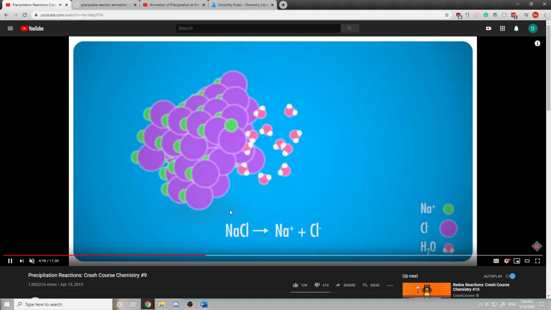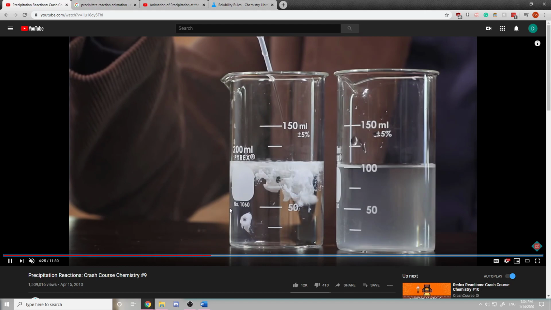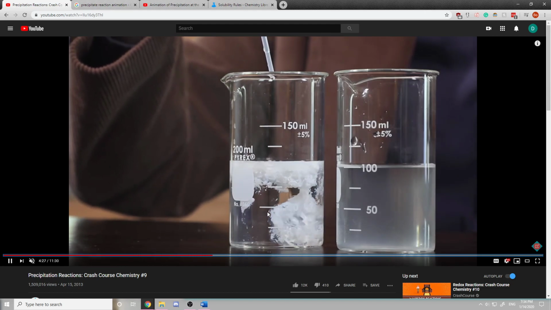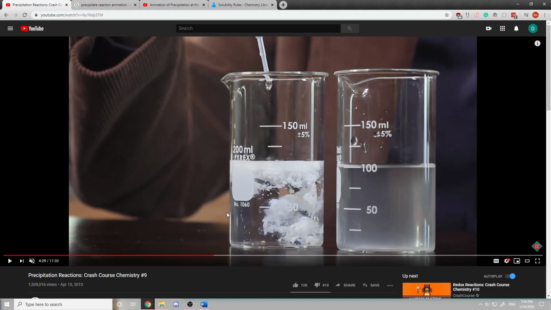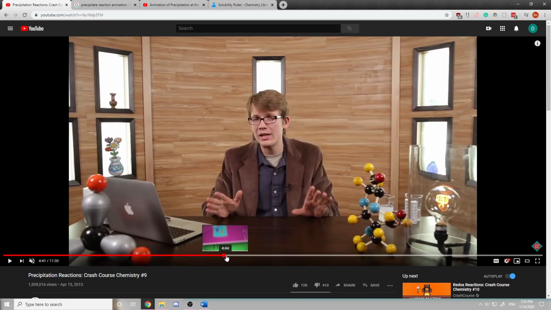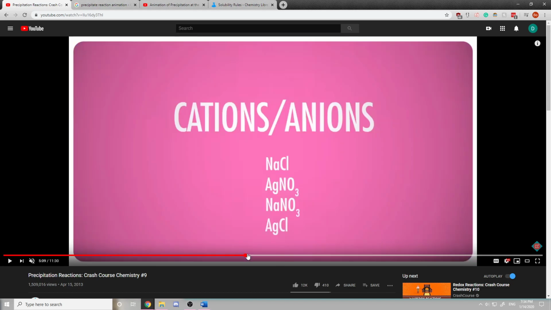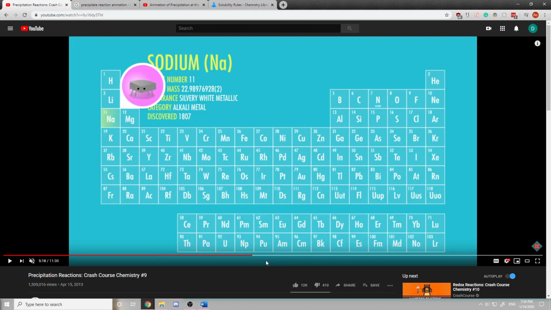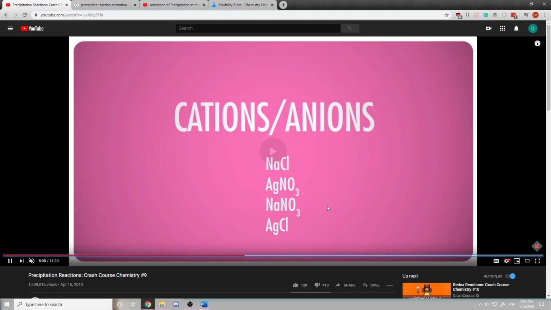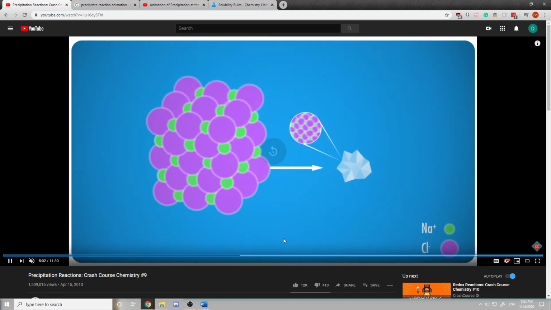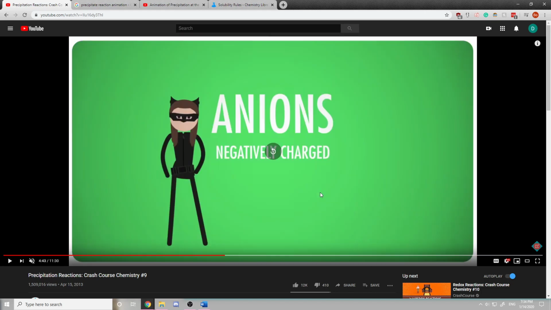And when you mix them, it forms a precipitate. You've seen this before, and that solid is the precipitate. And I believe he gives you the product as well, which he said was silver chloride. Oh, I guess not. Okay, but the product is silver chloride.